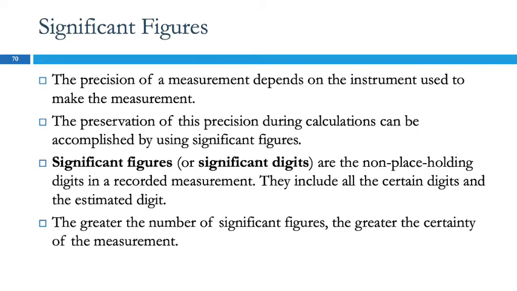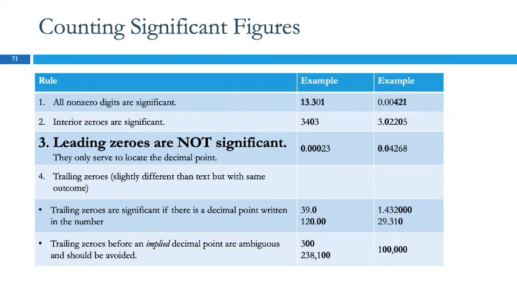But the more sig figs you have, the more precise the measurement is. So here are the rules for counting sig figs. First one, non-zero digits. So any number that is not a zero, you count. So those are bolded here in case you weren't sure which ones were not zeros. So that one's easy. If it's not zero, it counts.